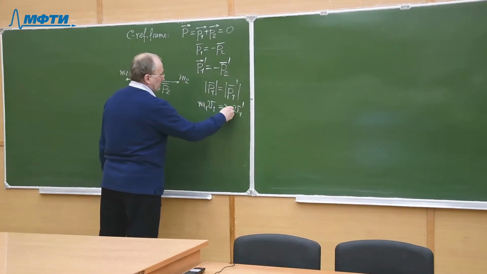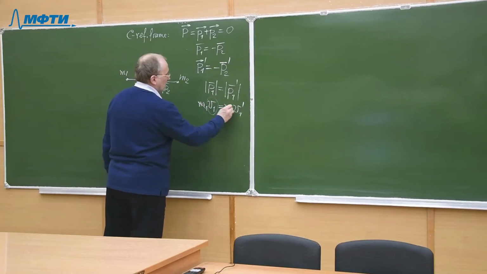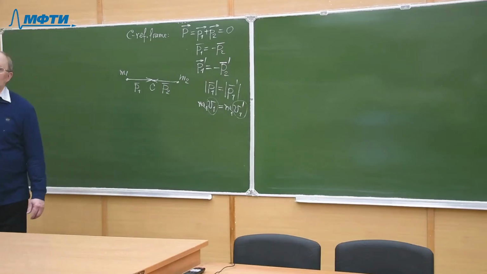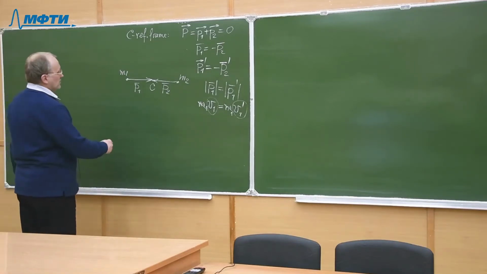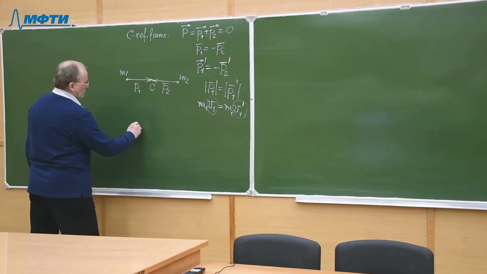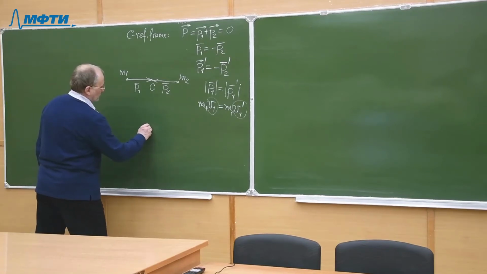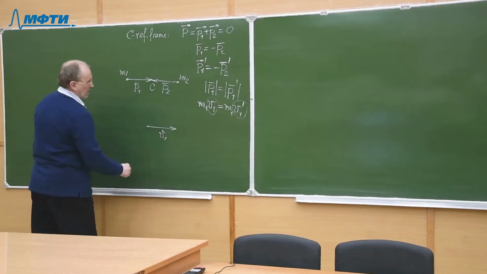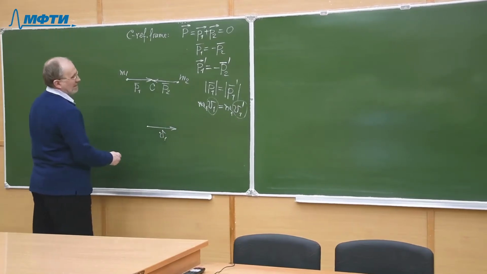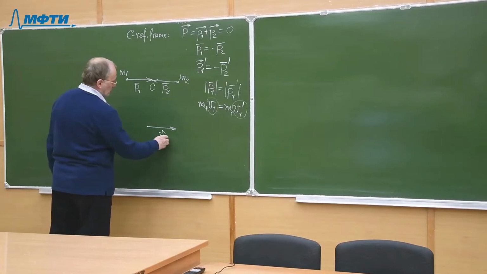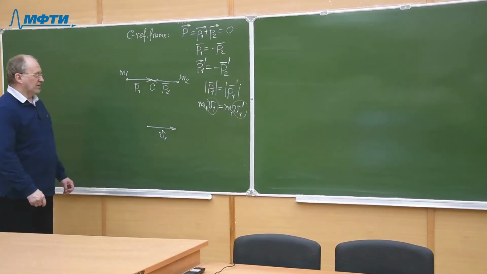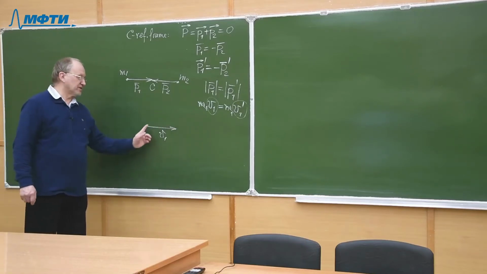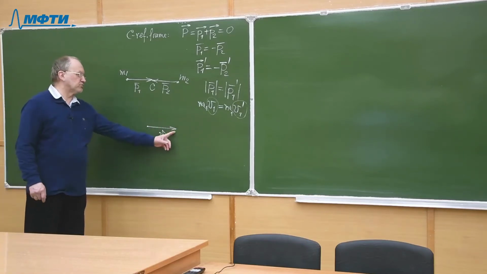So we obtain that the magnitude of velocity does not change in collision. And it means that if we show the vector of velocity of the first particle before collision, then after collision, this vector will somehow change its direction, but not the length of the vector. The magnitude will remain the same.